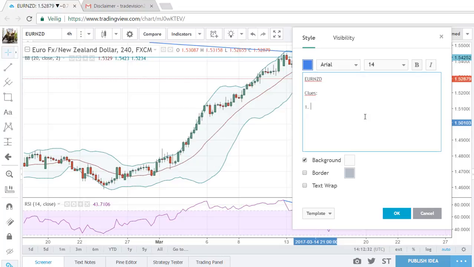The first clue is on the weekly time frame. We are at the upper trend line of a descending, let's say a downward trend, because that's what it is.